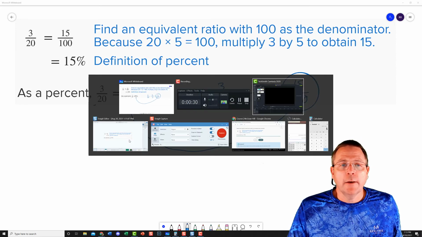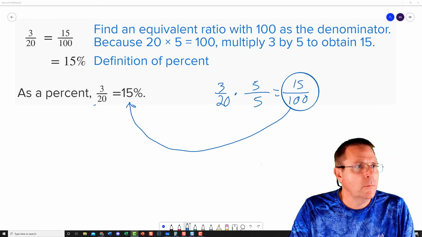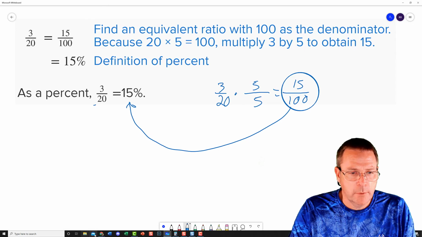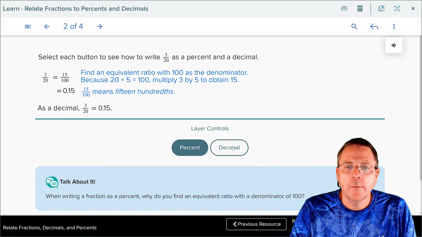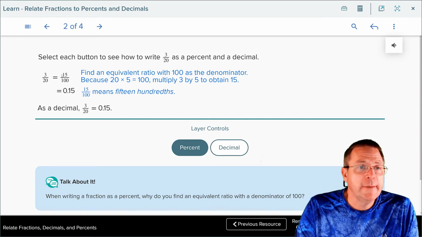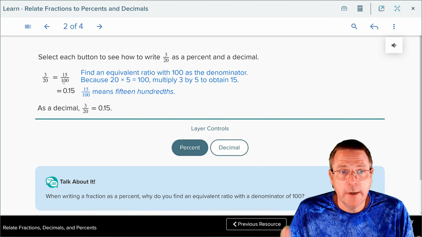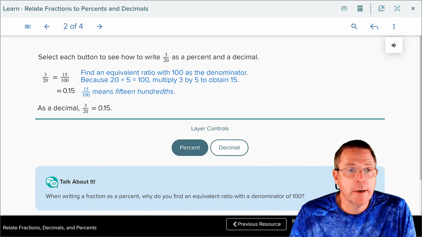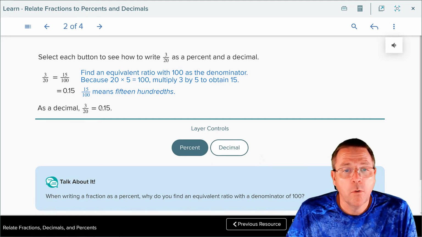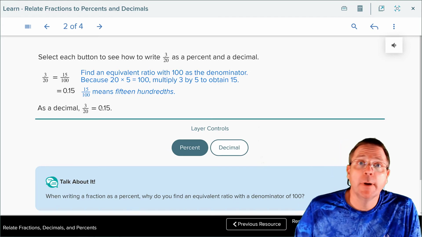So that's where that number ended up coming from. Now, that's not what we were supposed to bring up. Let's try this again. Now, to do it as a decimal, all you had to do is read that 15 hundredths. 15 over 100 is 15 hundredths, and rewrite it as 0.15 or 0 and 15 hundredths. Easy math. Anybody can do this stuff.